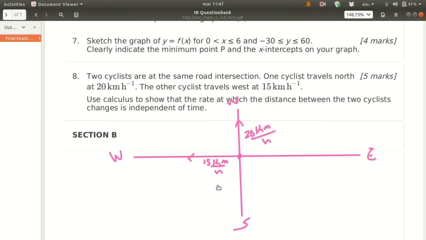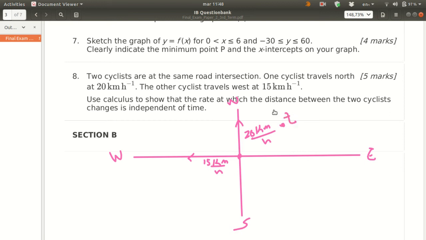Okay, so use calculus to show that the rate at which the distance between the two cyclists changes is independent of time. So how do I know how much distance these two people have traveled, at least from the origin? So I have the rate of change, which is 20, and I need to multiply it by the time.